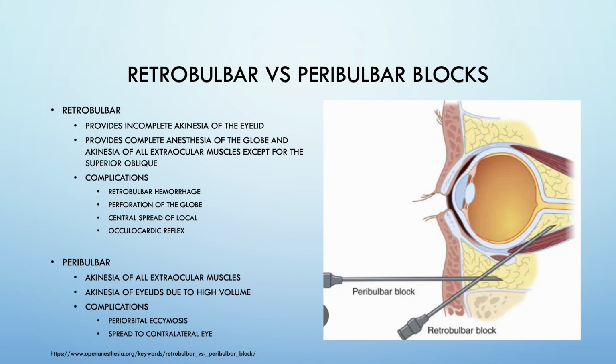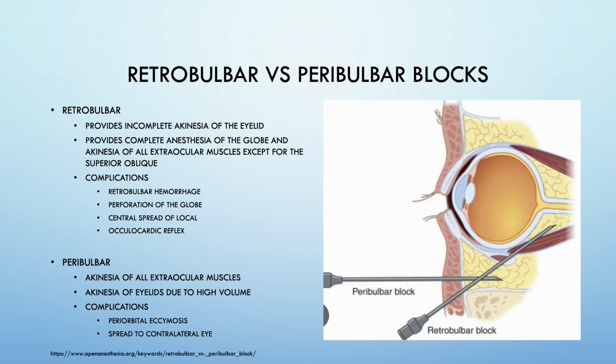Now, there tend to be more complications with a retrobulbar block as opposed to a peribulbar block. Since the needle is being placed behind the globe, you can be at risk for retrobulbar hemorrhage. You're more likely to perforate the globe because you're placing the needle much closer to the globe itself.